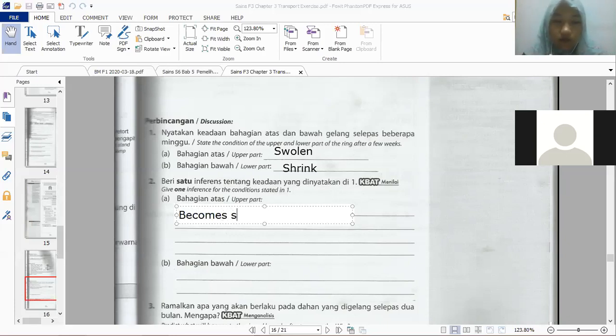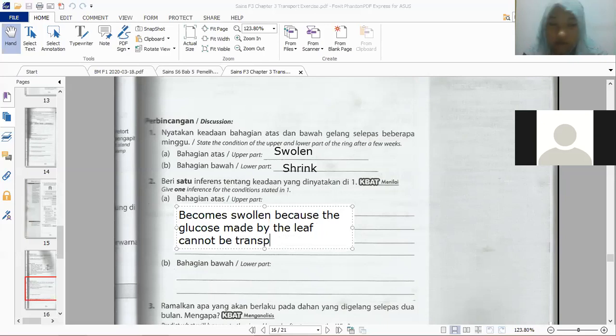Become swollen because the glucose made by the leaf cannot be transported to the other part, because they've been cut kan, so kena to other part of the plants.